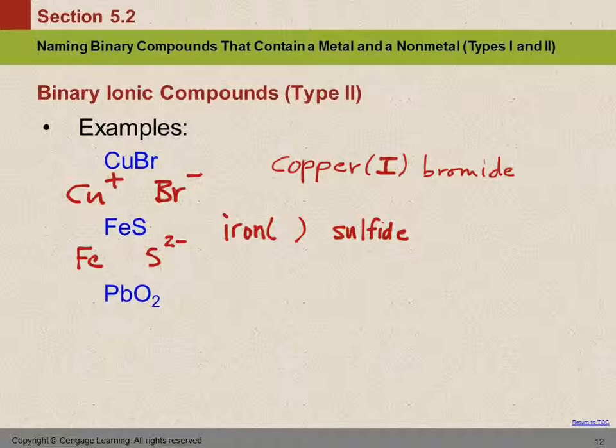The sulfur's -2. The iron must be +2, right? So this is Fe2+. That tells us that the Roman numeral is 2. The Roman numeral tells us the charge on the ion, not the number of them. It's the charge.